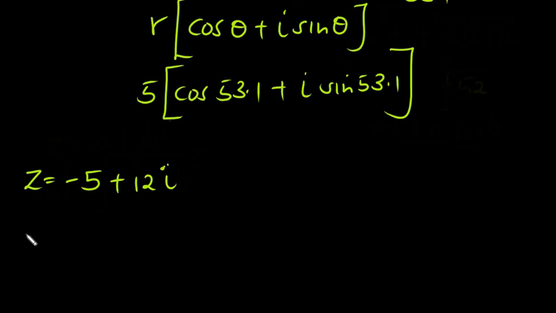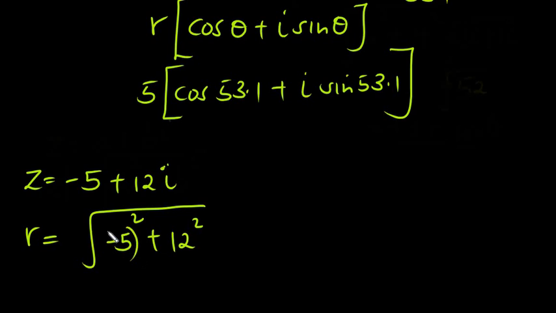So let's first of all find the value of r, which is the modulus of our complex number. As we said, we take negative 5, we square it, and then 12, we square it, and then find the square root of the whole thing.